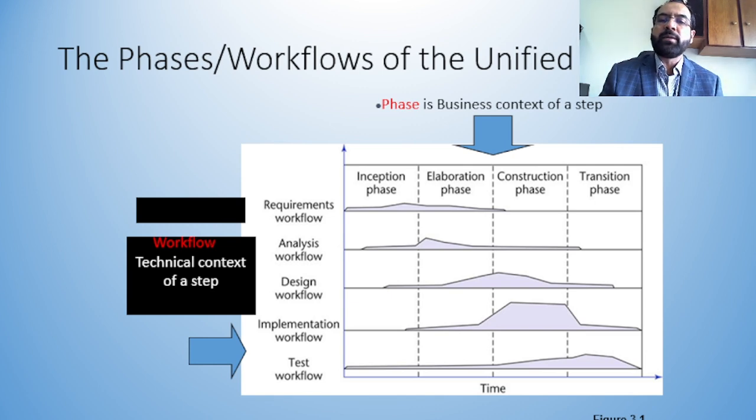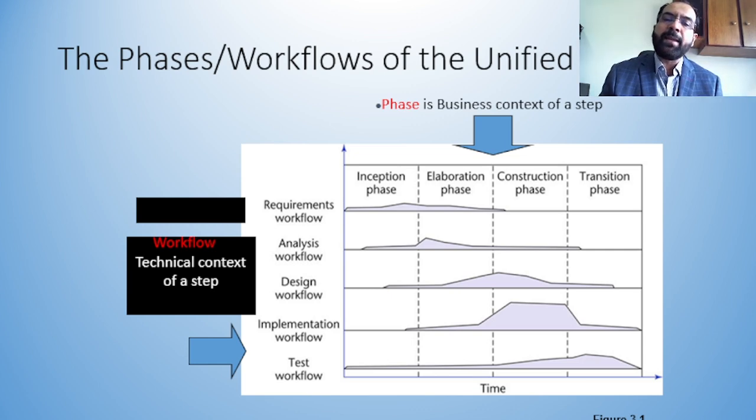And on the top you can see you have inception, elaboration, construction and transition. So you can see in this diagram that the activities are spanned not in the given boxes or dotted line, but you can see that in the inception phase the requirement workflow activities start from the inception phase, but it also covers the elaboration phase as well.